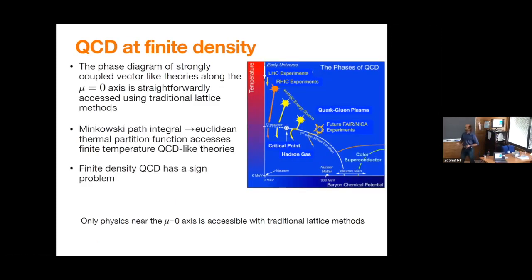And so this will be there for QCD at finite density, and as long as the theta term is zero, we can do perfectly fine studying QCD on the lattice along this axis, or using perturbative techniques, at very, very small chemical potential. So you can't get very far away from this line here, but there's a lot of exciting stuff along this axis that we don't have direct access to via lattice simulation. Okay.